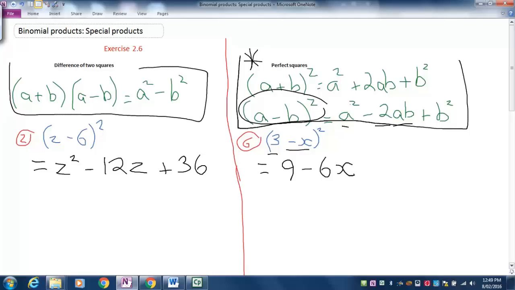Then squaring negative x gives me positive x squared. Oops, that's a squared there. Okay, so I can now write this out as convention requires us putting our highest power first down to our constant to give us x squared minus 6x minus 9 for our answer to that one.